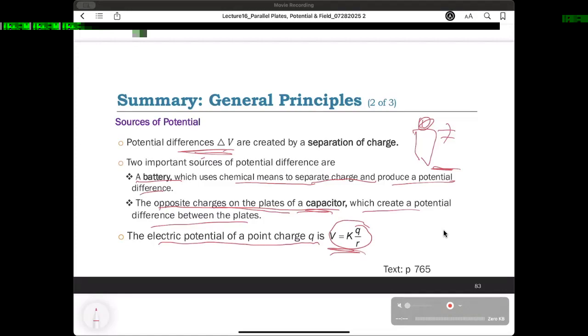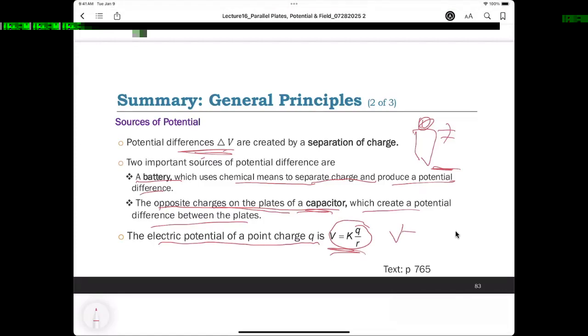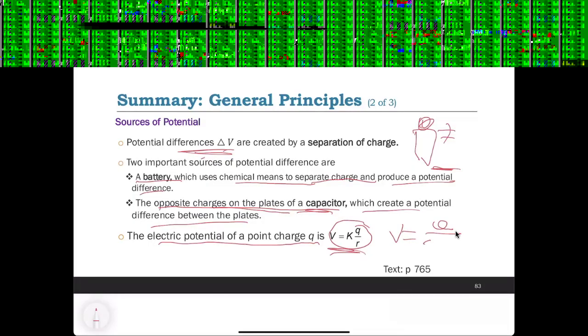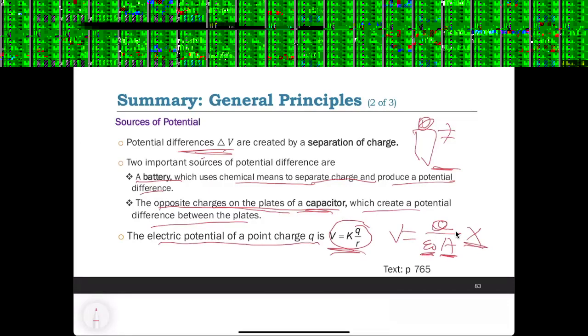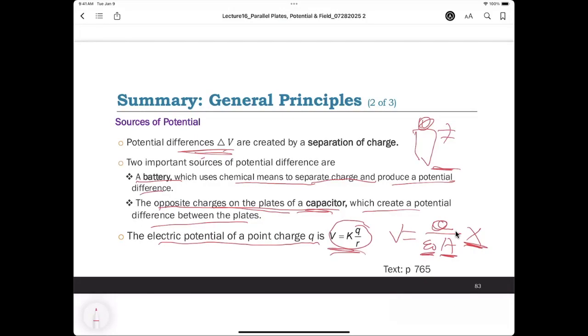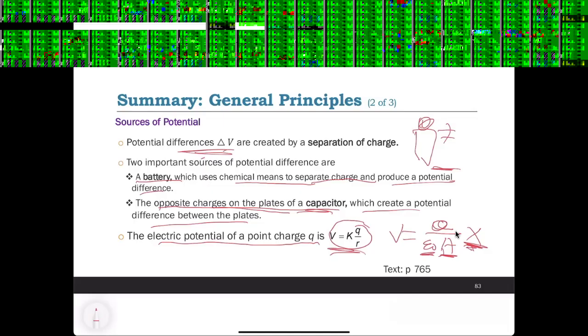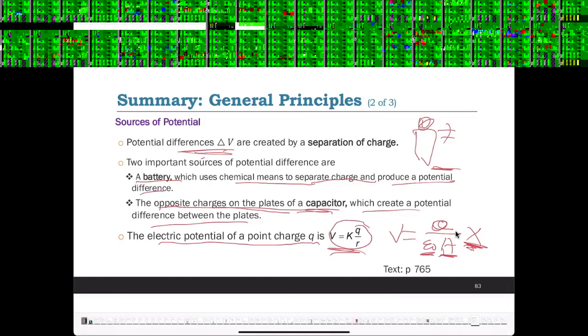It is V equals Q divided by 4 pi epsilon zero r. This is the charge, and this is a constant, and this r is the position, the location of the charge. This is what we talked about in the first class for this chapter.